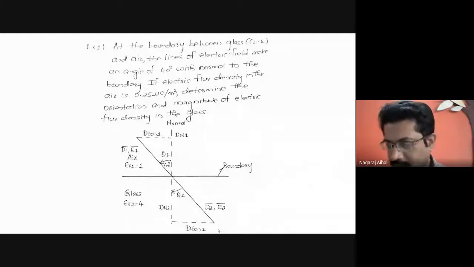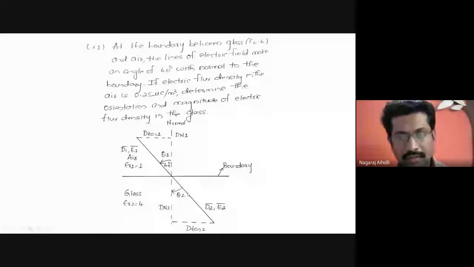Correct. D2 is 0.6707 into 10 raised to minus 6 coulomb per meter square. Exactly. Next, we found the value of D2 now. One parameter we found out. What they have asked in the question: find the magnitude of electric flux density in the glass medium, and the orientation. Orientation means angle. So we need to find the angle theta 2.